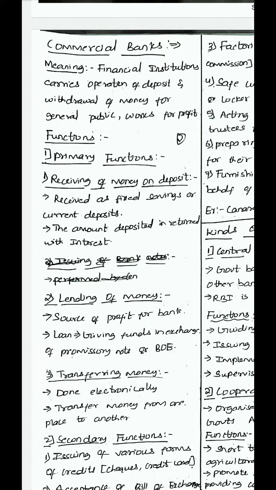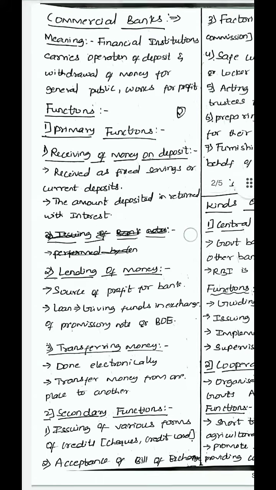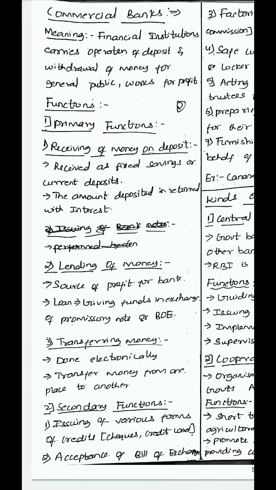Functions. So what are the functions of commercial banks? The first is the primary functions. Their primary functions are receiving money on deposit. So they receive money as a deposit in their bank, and they return that money with a certain interest. The next is lending of money, giving loans.